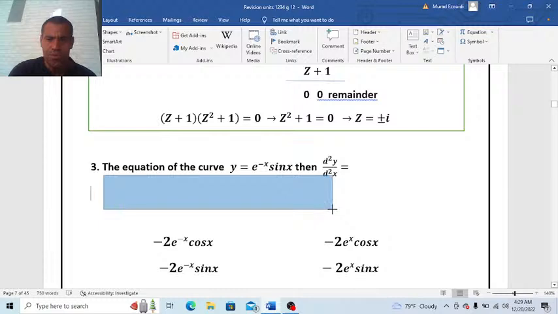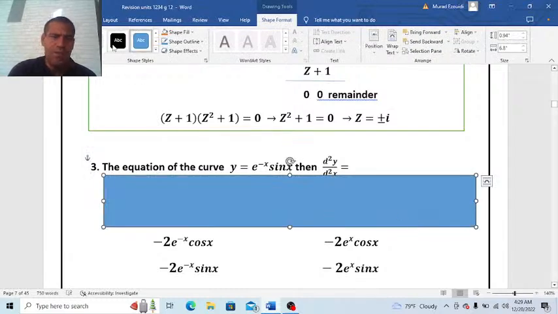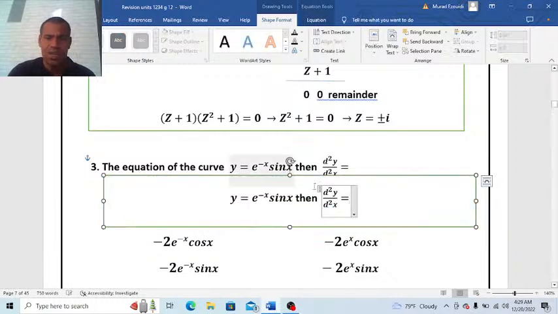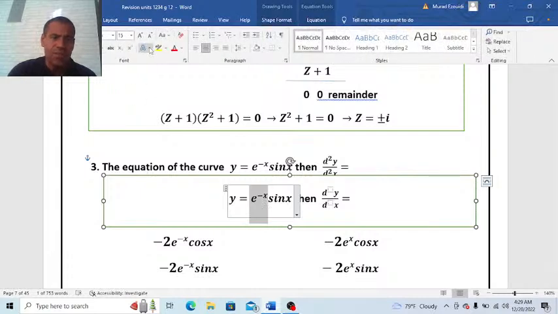Now you are going to differentiate your equation and find the first derivative of it. Then you should differentiate again. This is my equation y. Therefore, dy with respect to x is in fact equal to: I should differentiate, let's say, the exponential first.